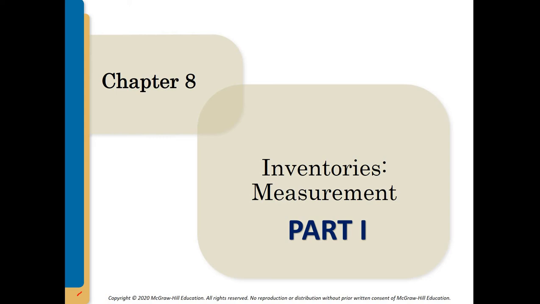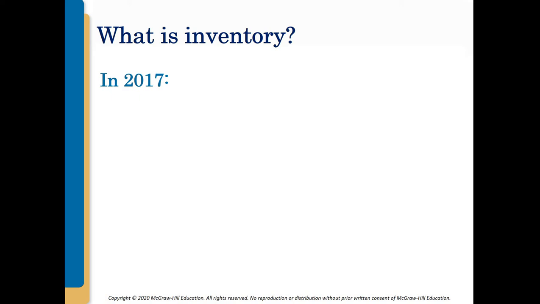What is inventory? The first one, let me tell you something about the production of iPhone. In 2017, Apple produced a total of 217,722,000 iPhones. That's huge, correct?